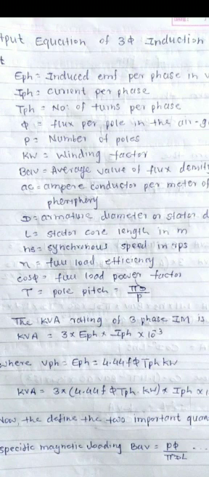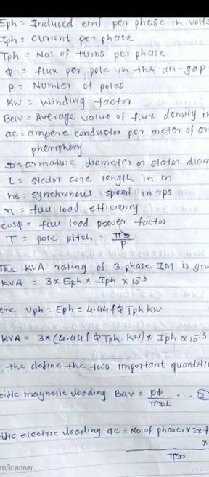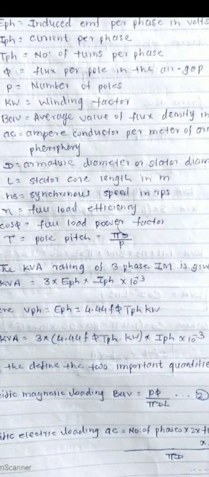Then eta is the full load efficiency, cos phi is the full load power factor, and tau is the pole pitch, whose value is pi D divided by P.